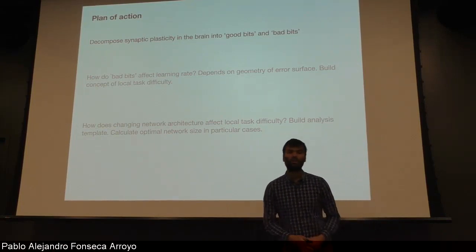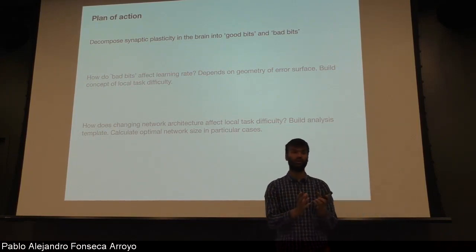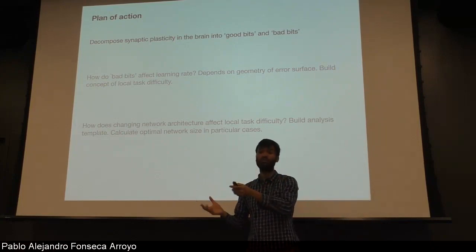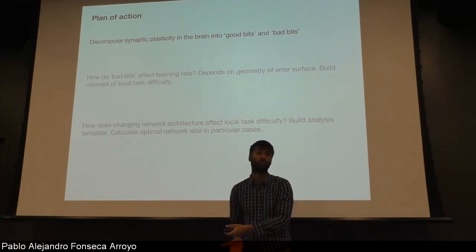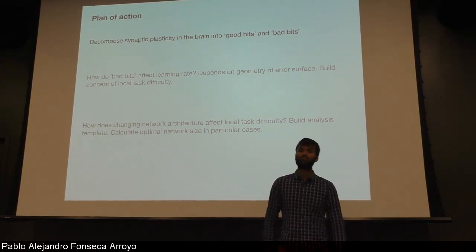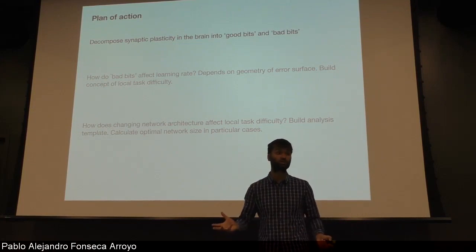And finally, I'm going to think about what happens when I change network architecture. If I have a particular state of a neural network, and I transport it via a function to an equivalent state of a neural network with a different architecture, with the same input-output properties, the local geometry of the error surface, the loss function, is going to change.